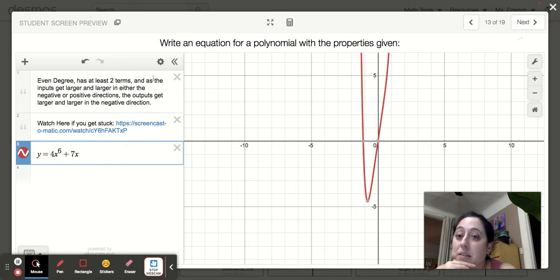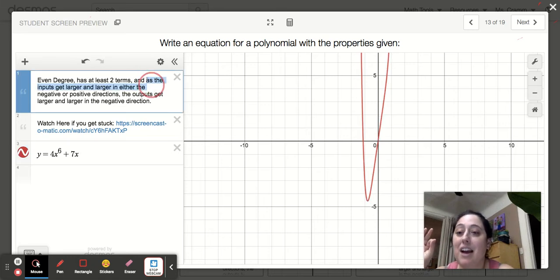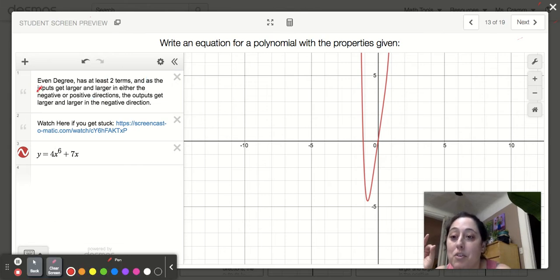Great. I think that's it. Wait, as the inputs get larger and larger in either the negative or positive directions, the outputs get larger and larger in the negative direction. Let me break that down. The inputs are your x values.